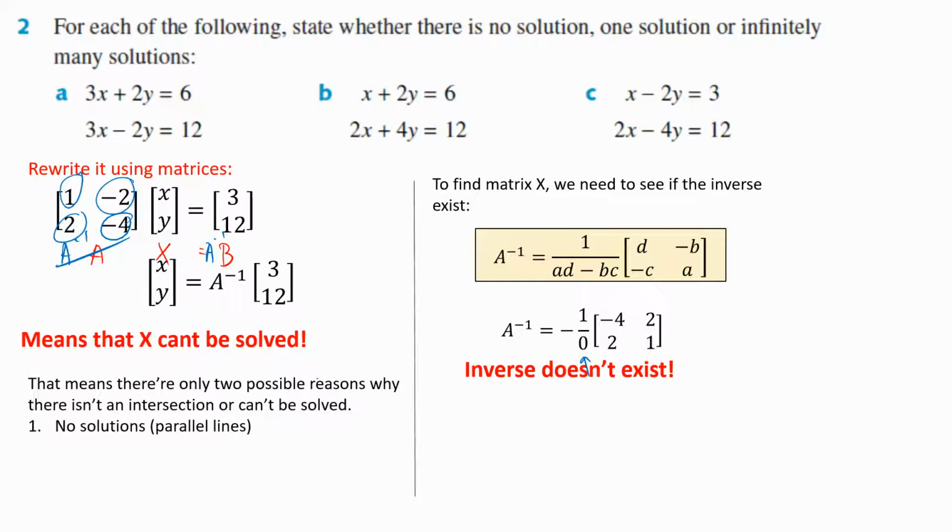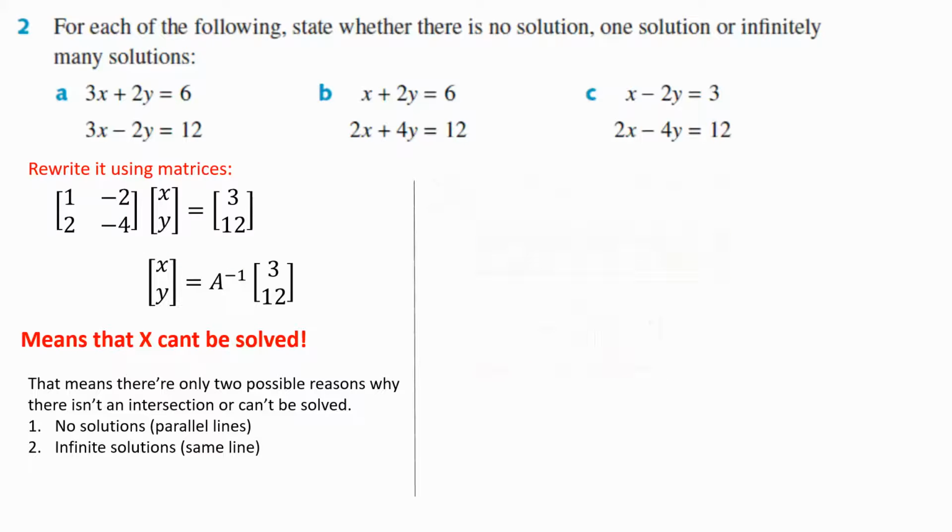You either have no solutions because it's parallel, or it's infinite solutions, so it's the same line. Those are the only 2 reasons why you can't solve it. So the question is, are these 2 lines parallel, or are they the same line?